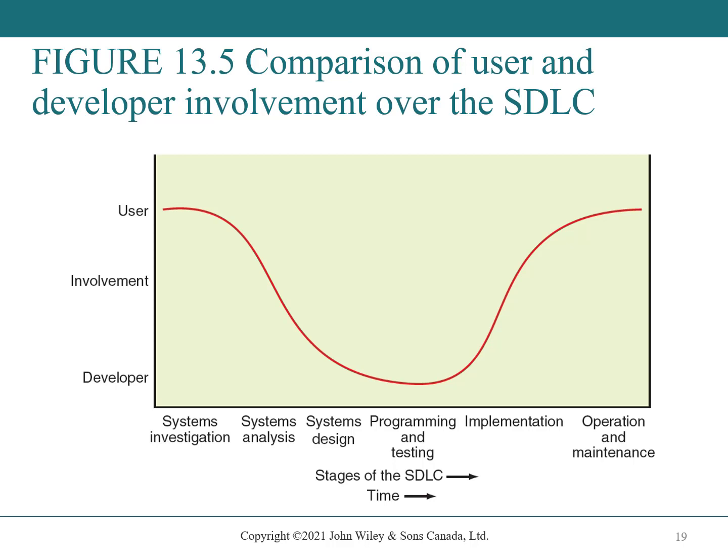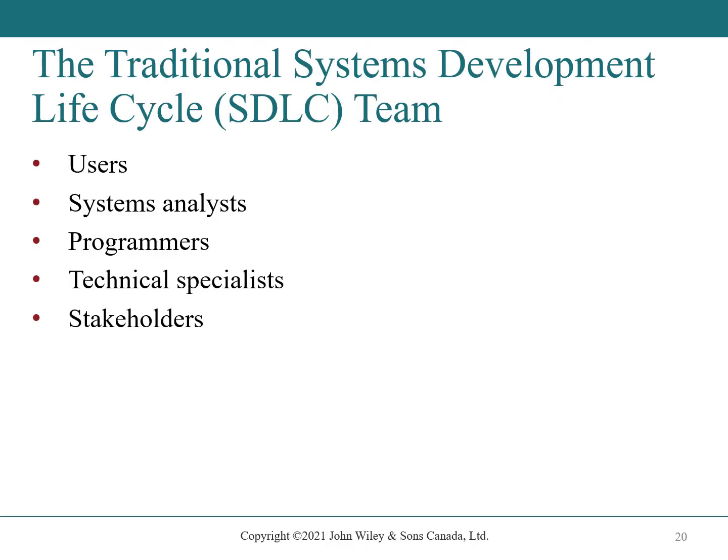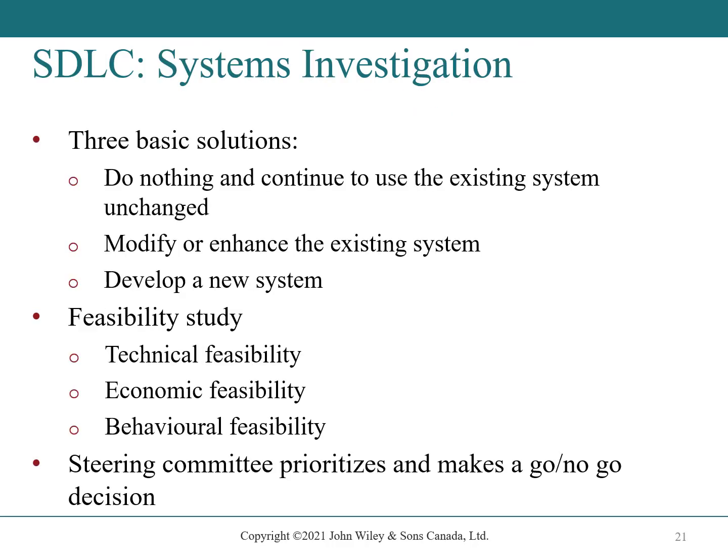Once we get to implementation, operation, and maintenance, and when we start with systems investigation and systems analysis, it is more user dependent. The traditional systems development lifecycle, SDLC, team are users, systems analysts, programmers, technical specialists, and stakeholders.